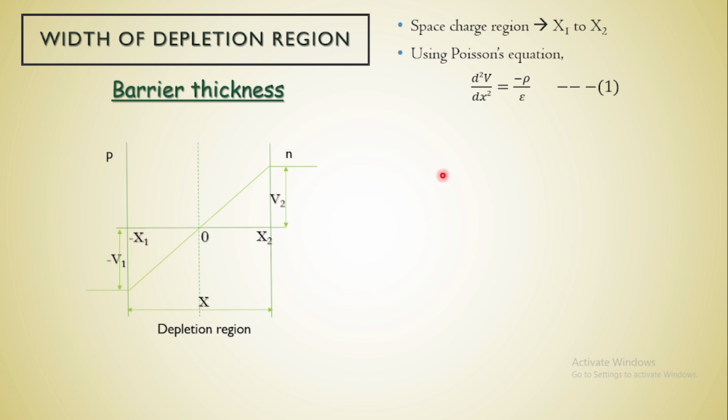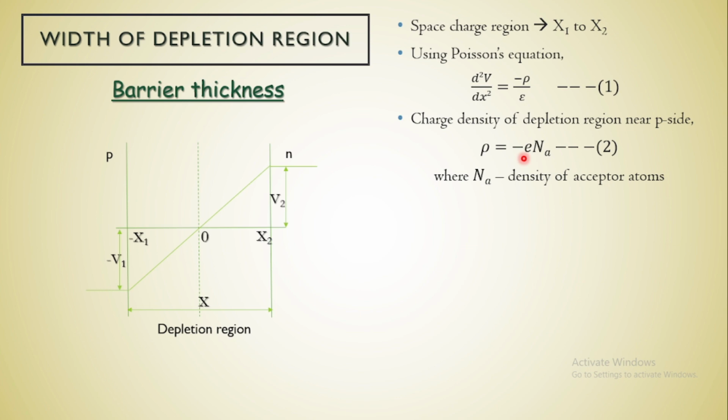So here the charge density can be written as rho is equals to minus E Na, which we are calling as equation number 2, where Na is the density of acceptor atoms. And here, what is the significance of the negative sign? So it just shows that the acceptor atoms are negatively ionized.